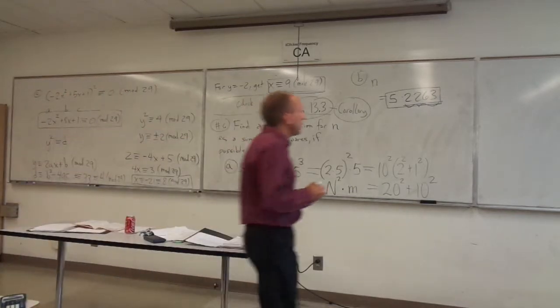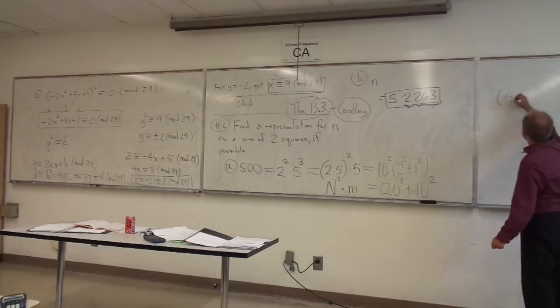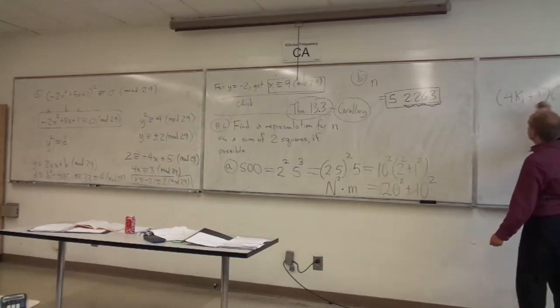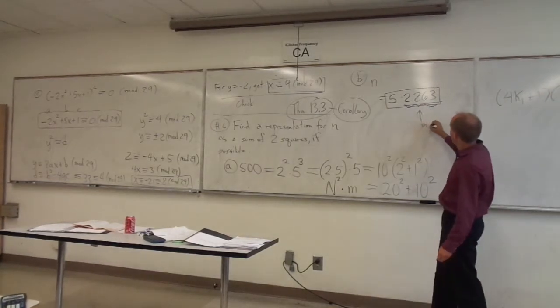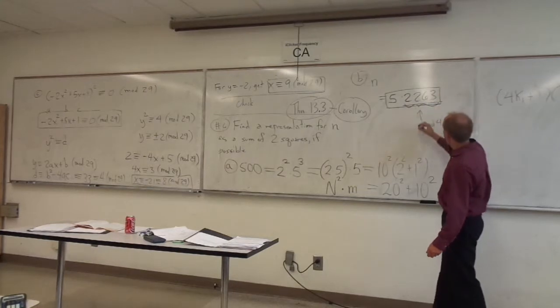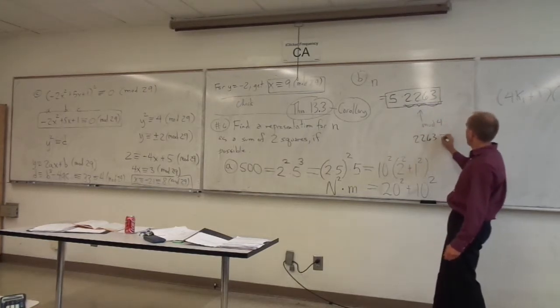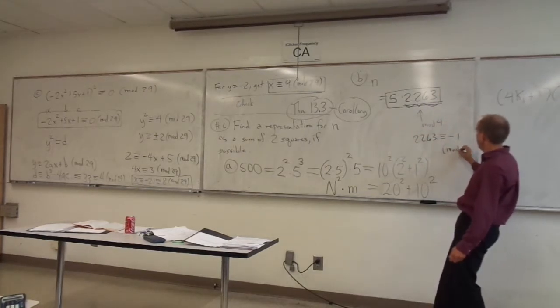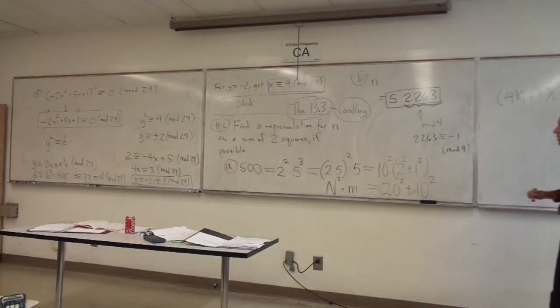Now just think about multiplying these kinds of numbers together. So in mod 4, 2263 is congruent to -1, right? So imagine getting a bunch of things in the form 4k plus 1.